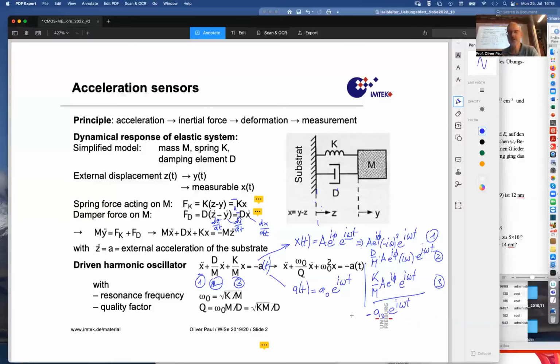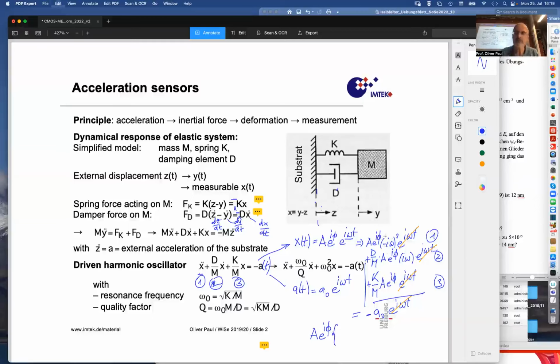So once you have established that equality, this plus this plus this is equal to that, you can start simplifying. So I'm doing that in another color. I'm just crossing out all the e to the i omega t's. And then I can also extract some prefactor. So I can also say, okay, this is a e to the i phi, some complex prefactor times, and now I'm also doing a change of sign.